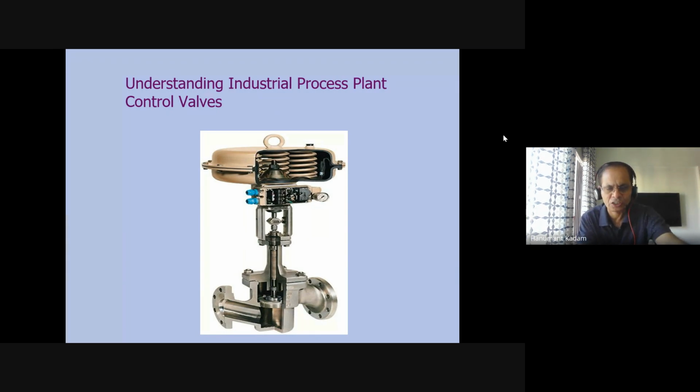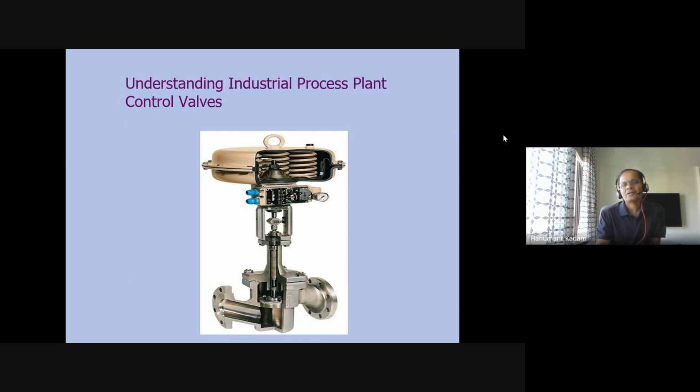And earlier also I told you that valves use the maximum of the maintenance budget. Out of 100 rupees, 60 rupees goes almost to control valve maintenance, and 40 goes to the field input side, meaning transmitters and sensors.